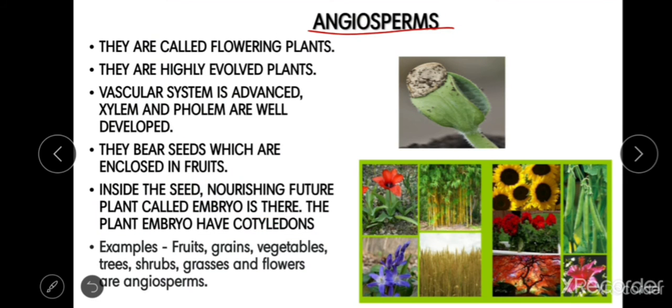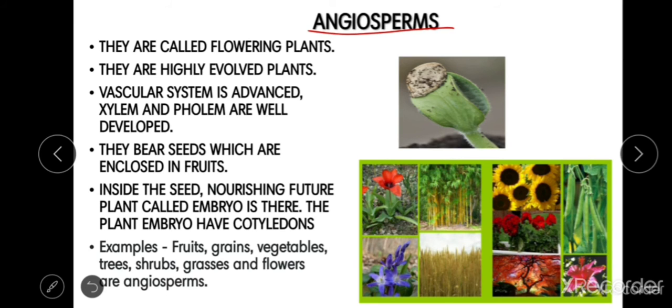Moving to some other interesting characteristics of angiosperms. Angiosperms are called flowering plants because they are the only group of species that bears flowers, unlike Thallophyta, Bryophyta, Pteridophyta, and gymnosperms. And these plants are very advanced, they are highly evolved.